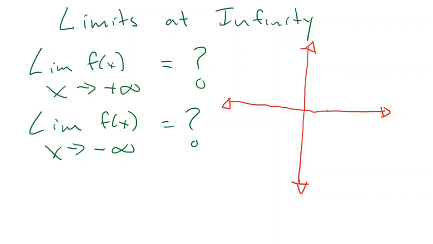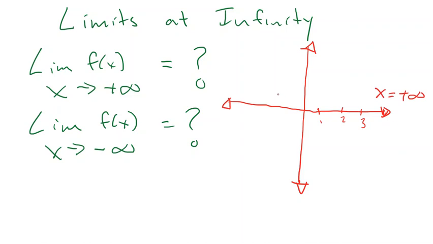So we go from 1 to 2 to 3 to 4, and the little arrow at the end means that we go on forever and ever. In other words, the x values are getting infinitely large. So over here we have x is going towards positive infinity.